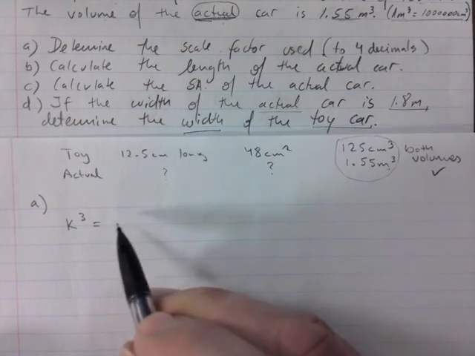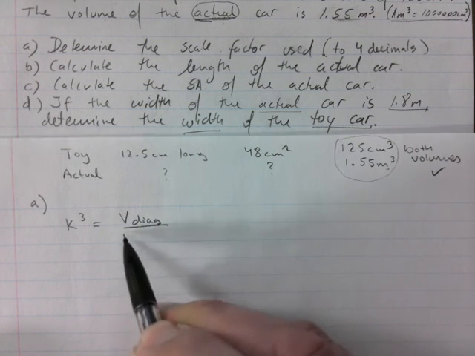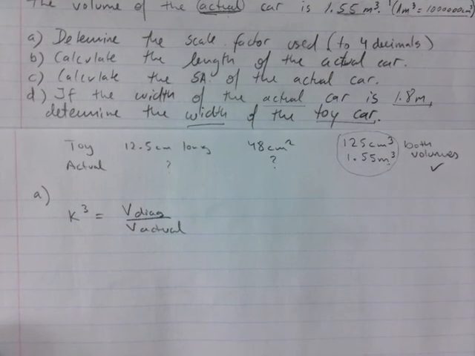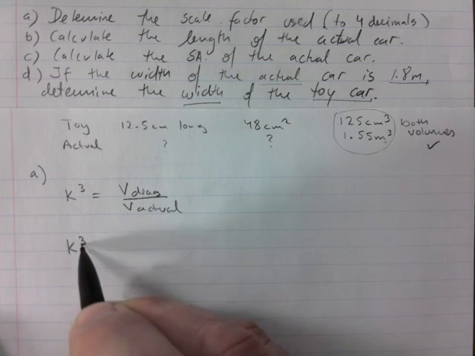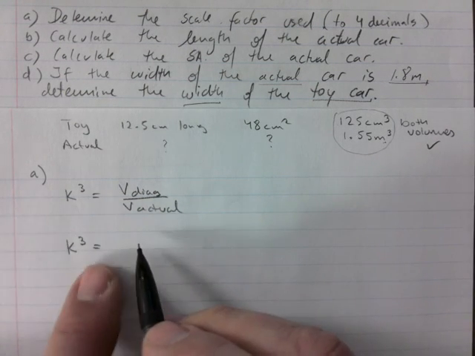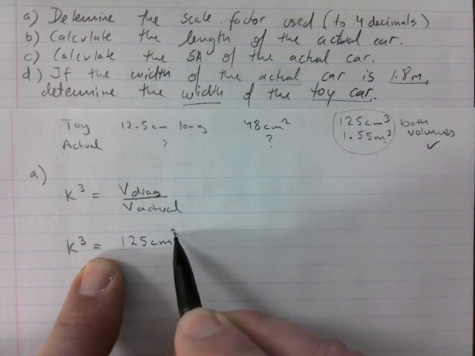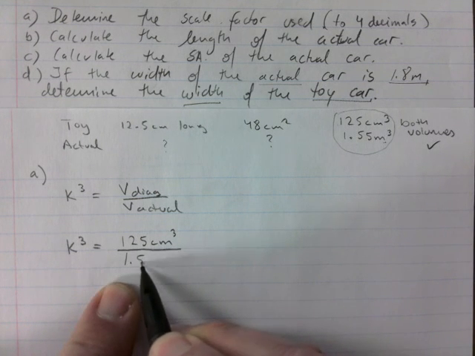So K cubed is the volume of diagram over volume of actual. Move that up a little bit. Right. So K cubed is going to be, diagram goes first. And what is the problem here?